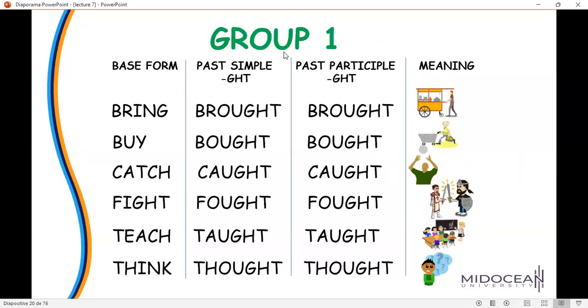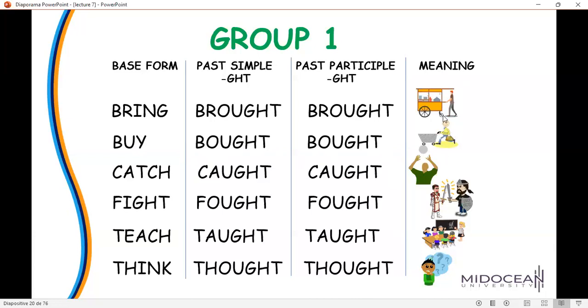So you have group 1. The base form of the verb bring, simple past brought, past participle brought. Buy, bought, past participle bought. You have the meaning here of these verbs.